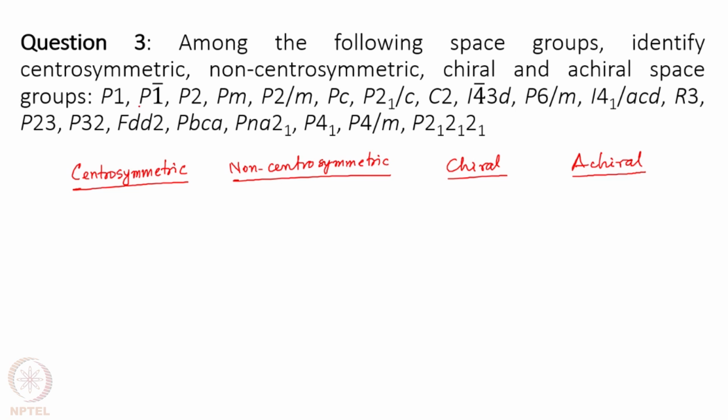So from these space groups, we can find out whether we have the center of inversion or not. For example, if we see P1 bar, 1 bar means it has an inversion center. So P1 bar is a centrosymmetric space group. Similarly, you know that 2 by m, here also it is 2 by m, these are centrosymmetric space groups. We can write P2 by m and P21 by c as centrosymmetric space groups. 6 by m, this one is 4 by mm, where I am talking about the corresponding point groups, are also centrosymmetric.